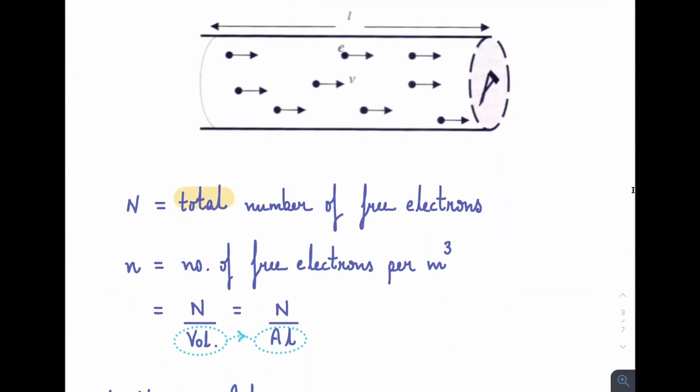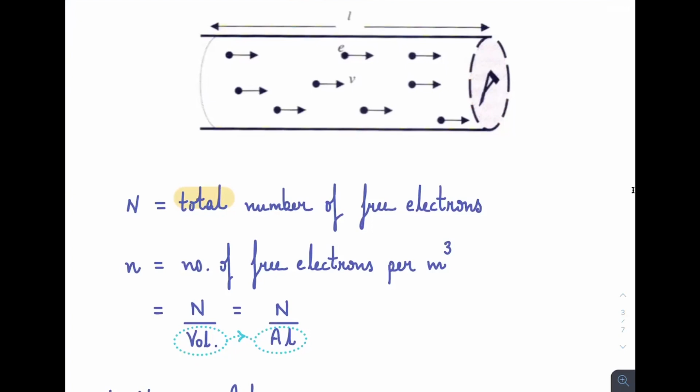Let us consider a section of a wire of length L and cross-sectional area A. Let capital N represent the total number of free electrons in this wire sample.